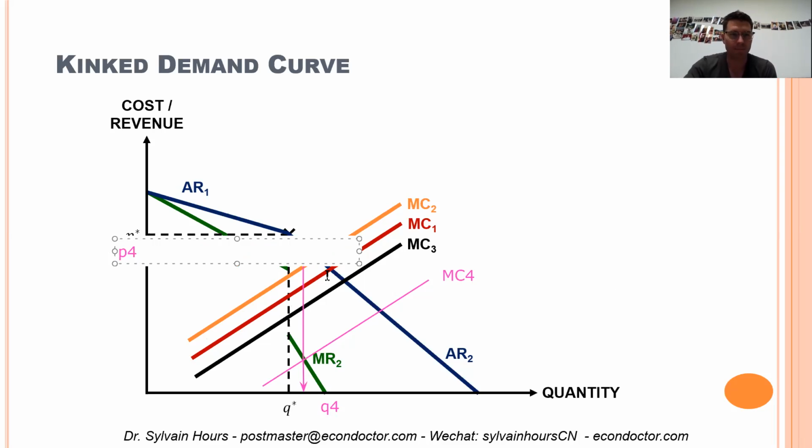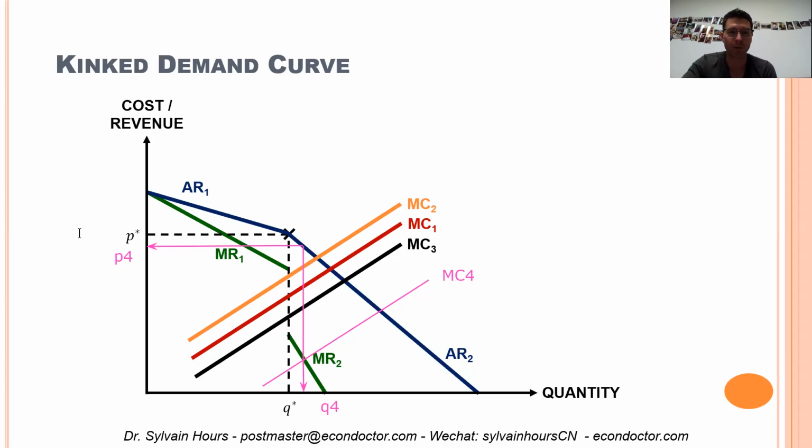What is interesting is that this quantity and this price are not necessarily the quantity and the price that will actually maximize the firm's profit. P4 and Q4 are the price and output combination that the firm believes is optimal.